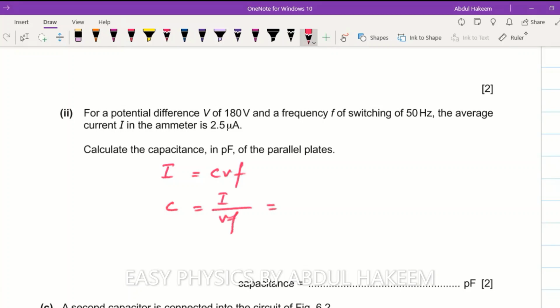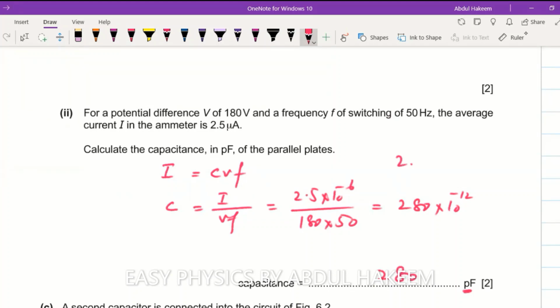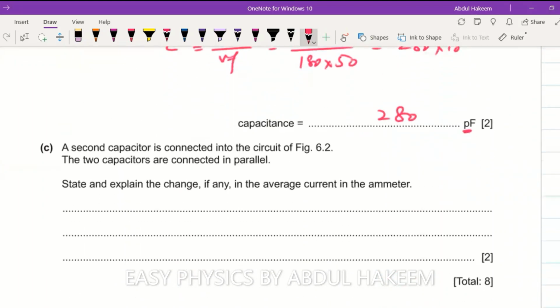I is given as 2.5 times 10 power minus 6, divided by voltage 180 and frequency 50. After the calculation, the capacitance comes to 2.8 times 10 power minus 10 farad, but we have to convert this to pico, so it is 280 times 10 power minus 12.